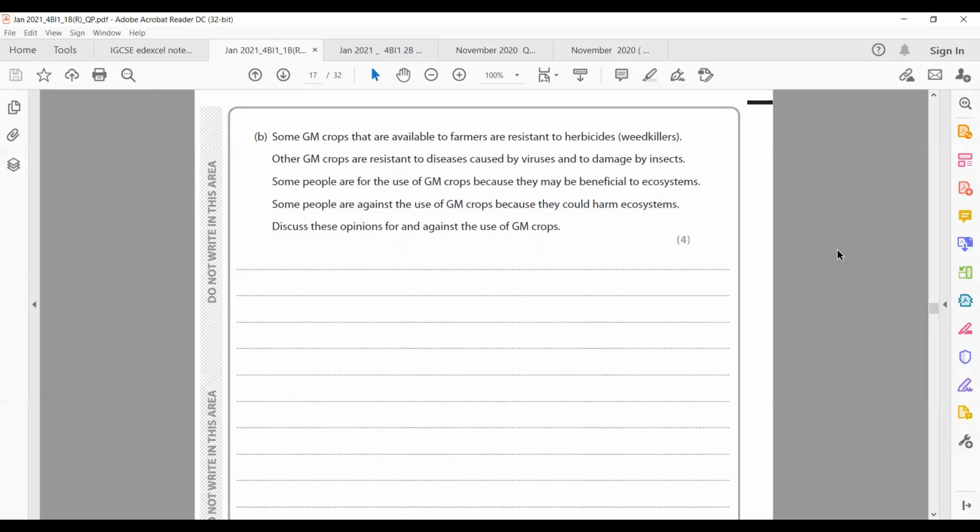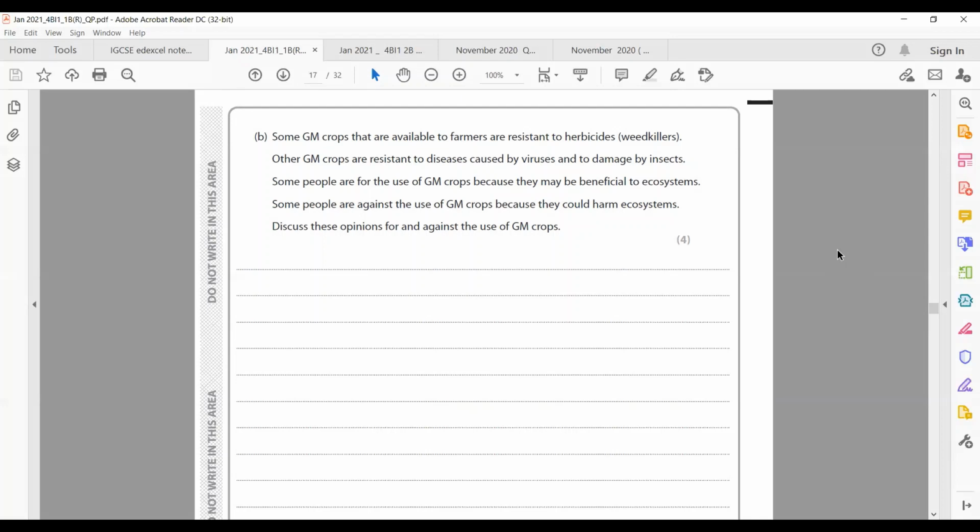Okay, so with it is because it's like resistant to herbicides and viruses. So more crops will be obtained like in the end. And the farmers can profit from selling them, since they're not going to lose any crops due to insects or viruses.